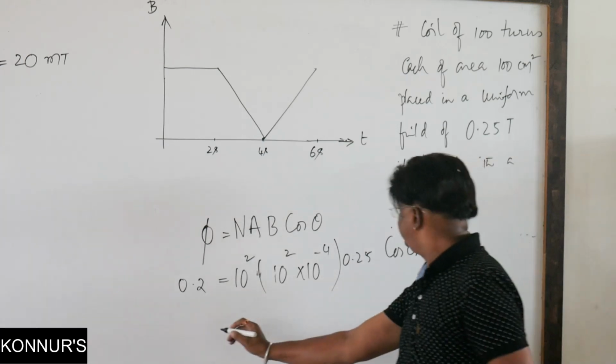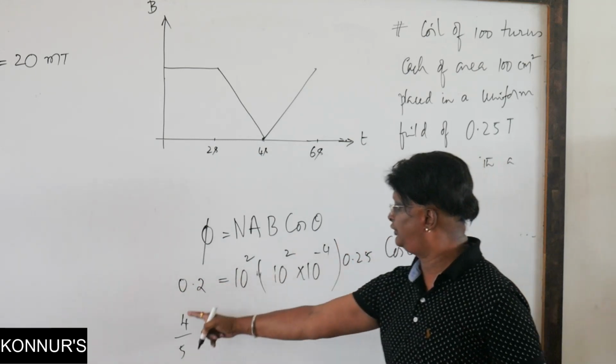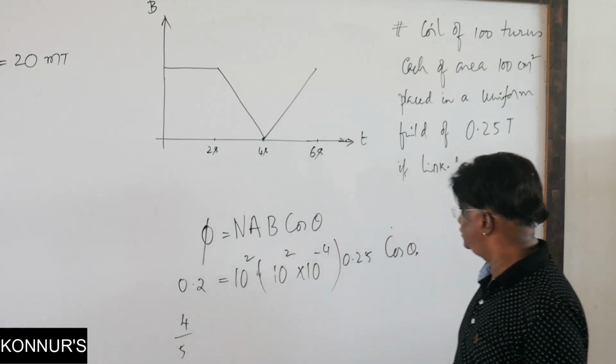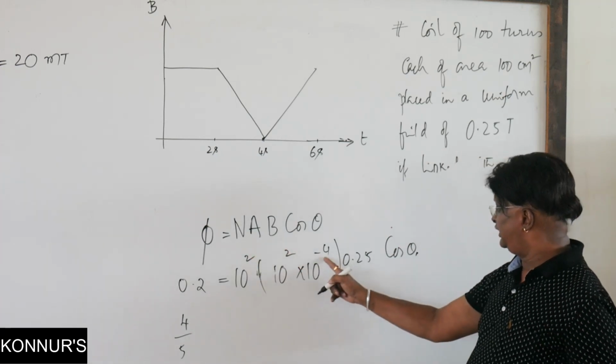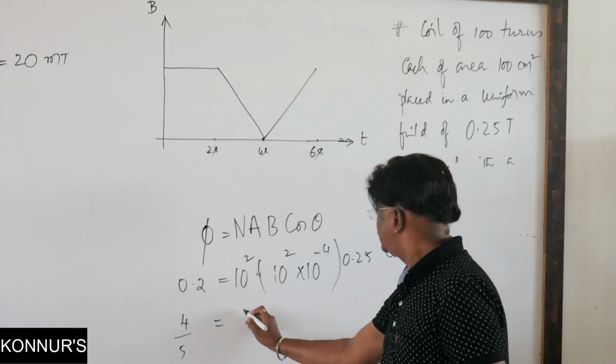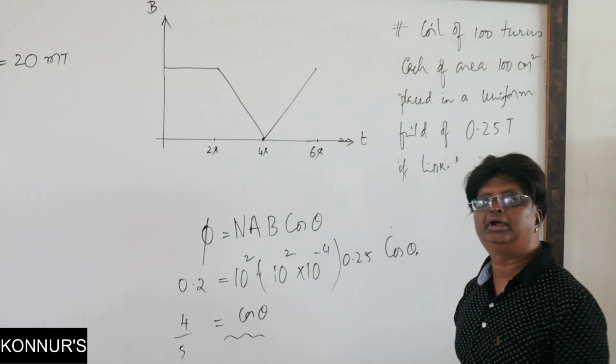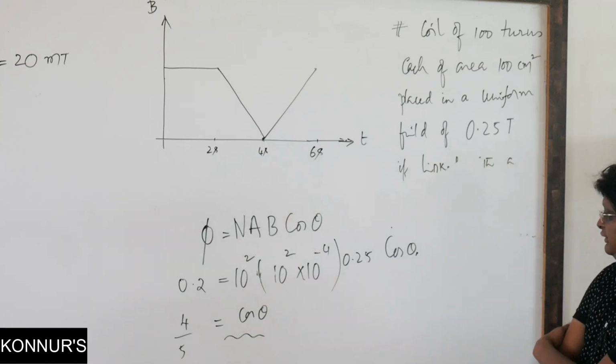Simplification you will get anyway, right? So I can write this as 4 by 5, 0.2, and this is 0.25, 4 by 5, and look at this, 100 into 10 raised to minus 4, everything gone. Therefore cos theta is equal to 4 by 5. Is that okay?